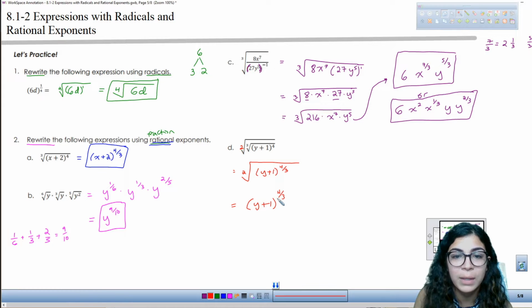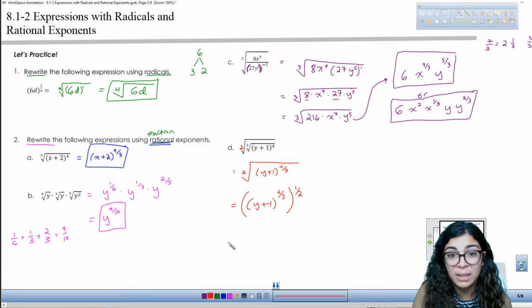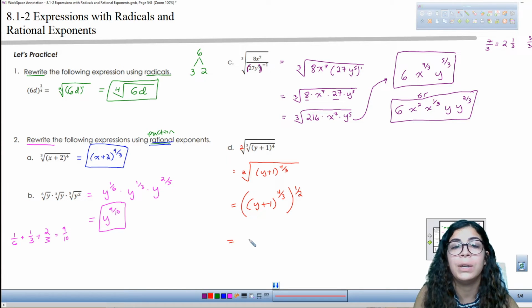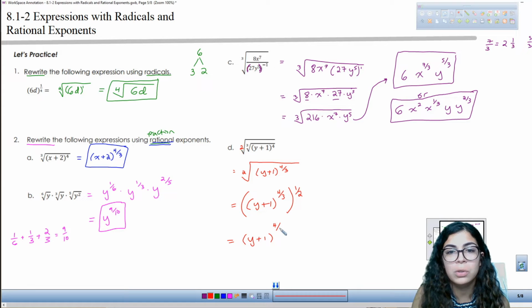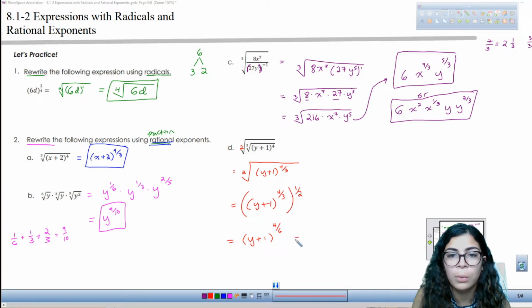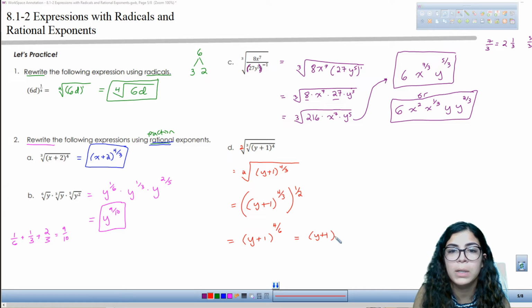So it's all of this with an index of 2, so 1/2. Or I think it's quicker to just, if you have another index, then you can go ahead and multiply to the denominator, because that's where that index goes anyway. So 3 times 2 would be 6. So the final step is just simplifying that fraction, right? 4 over 6 can be simplified to 2/3, so our final answer will be y plus 1 to the power of 2/3.